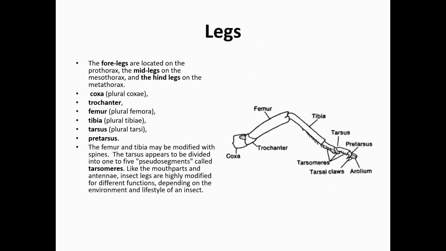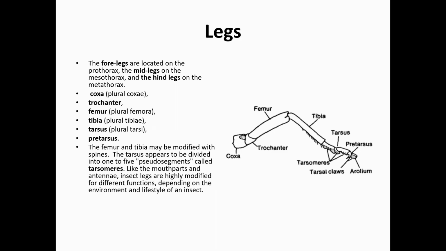Here the femur and tibia may be modified with spines, and the tarsus, as I mentioned earlier, appears to be divided into 1 to 5 pseudo segments, and these segments are known as tarsomeres.